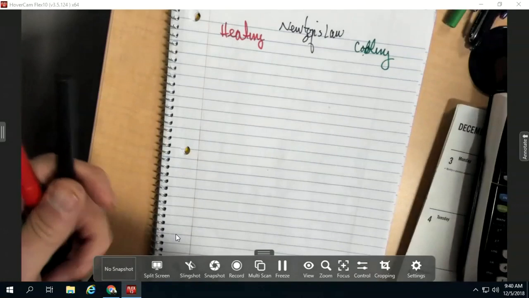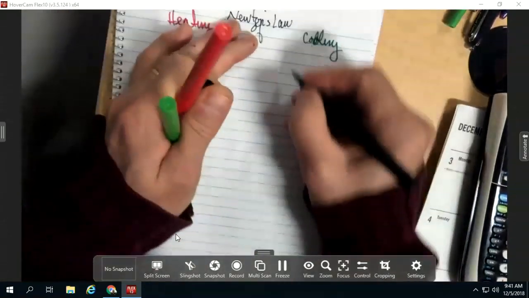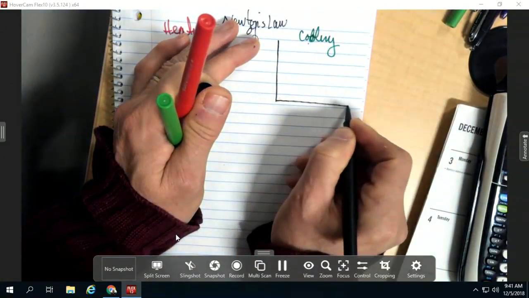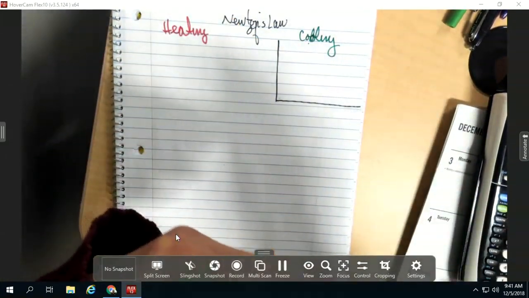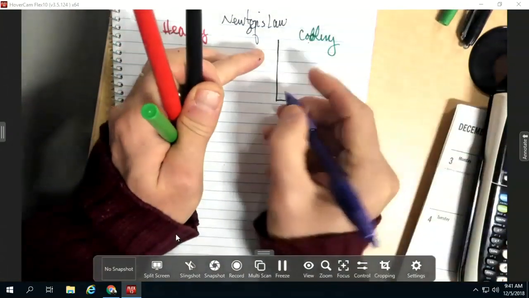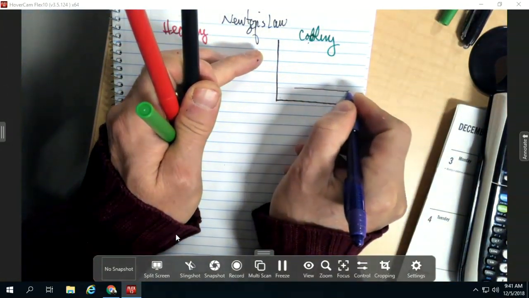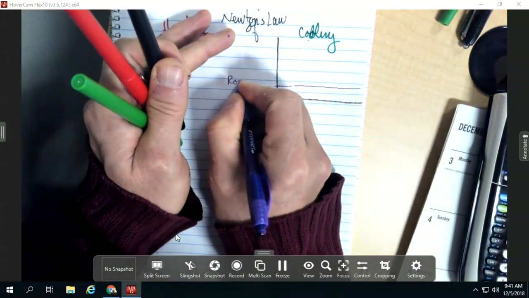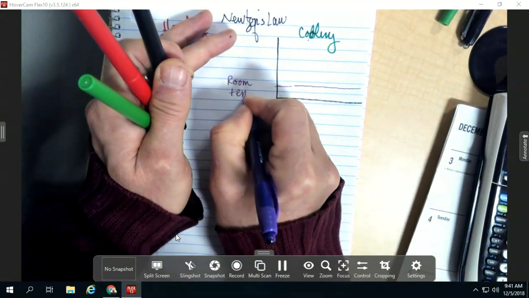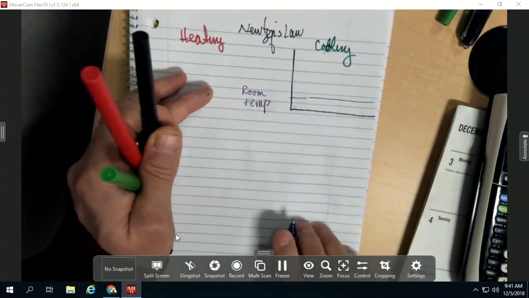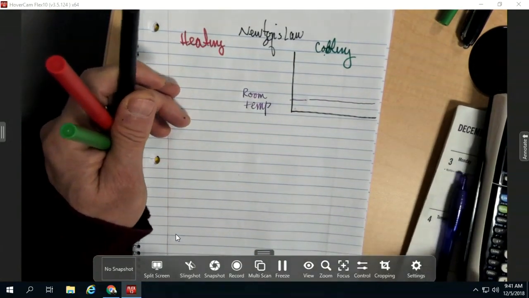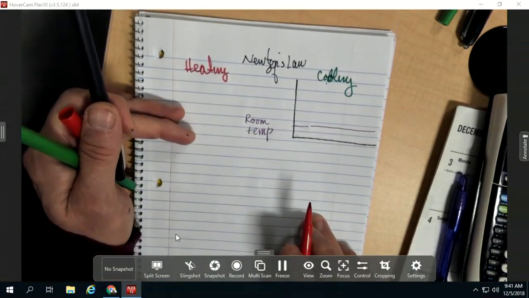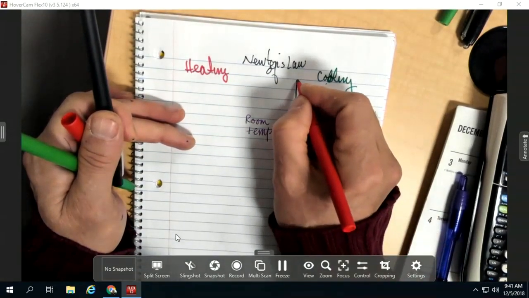Let's graph the important things in Newton's law of cooling. The first one I'm going to put on is this right here, and I'm going to call it room temperature. In our book, it talks about pizza.